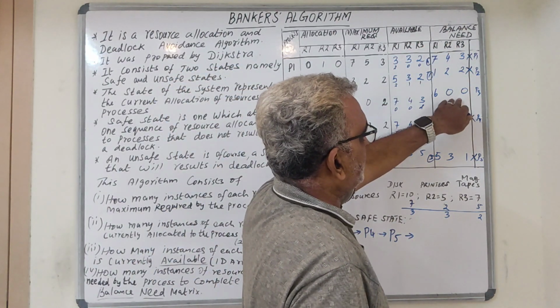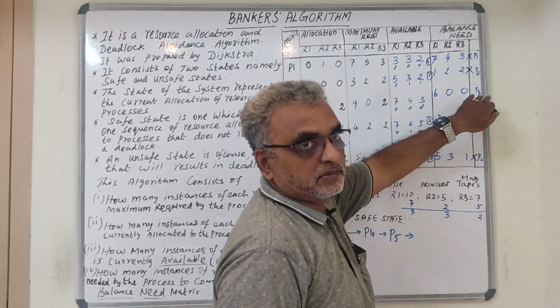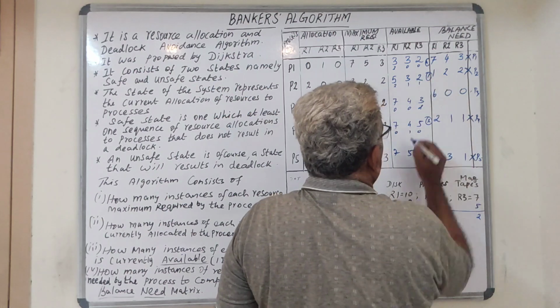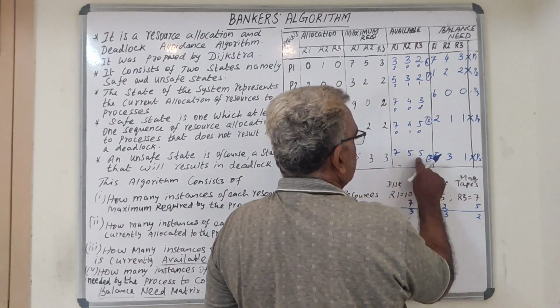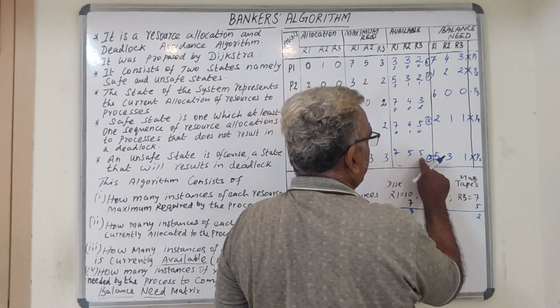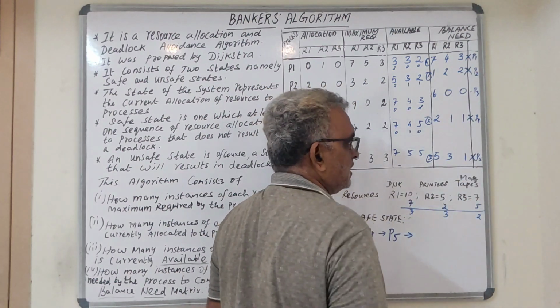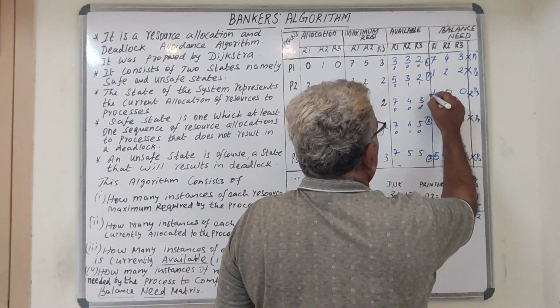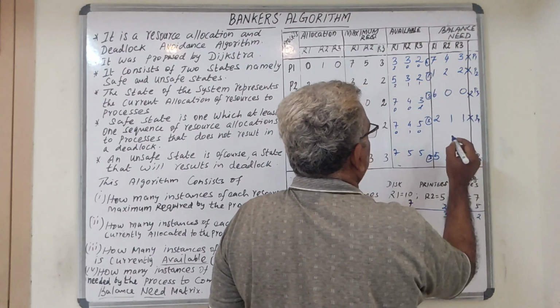After completion, finally we have only one process yet to complete, that is P3. Okay. The available instances of the resources are 7, 5, 5. So very well, we can provide these resources to P3. So now P3 is over. So finally this is the fifth one.